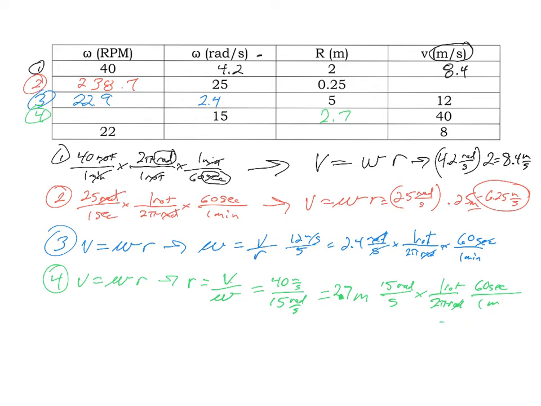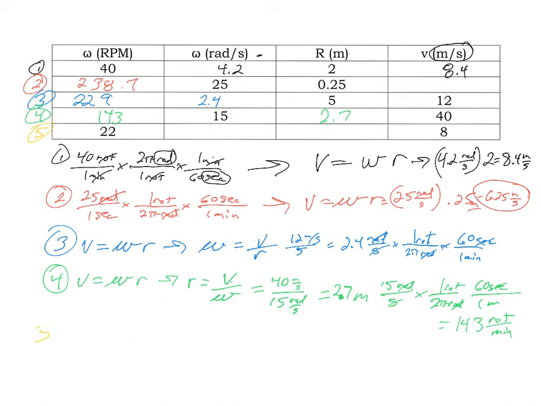And I'm getting about 143. What did we cancel here? Seconds canceled, radians canceled, so rotations per minute. And that's what we were trying to get over here, 143. Last one.